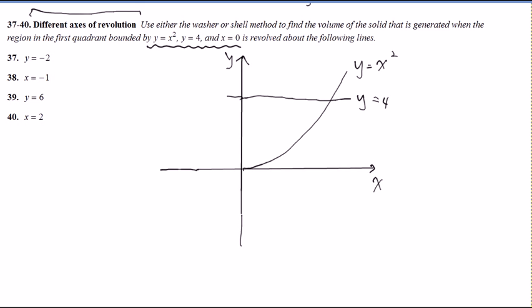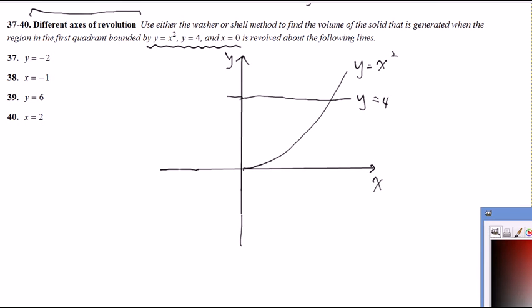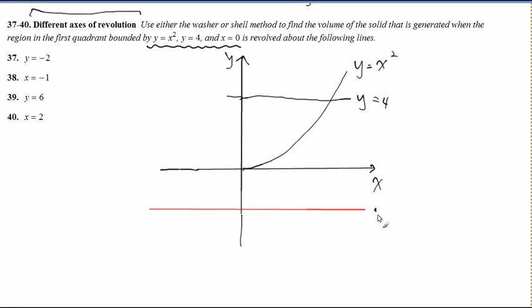Let me use the red line. y equals -2 is somewhere down here, right? That is our axis of rotation. We are rotating about this line, not about the x-axis. But use the same principle as the x-axis, just slightly pushed down. So here's this region right there. We're rotating about this one in here.